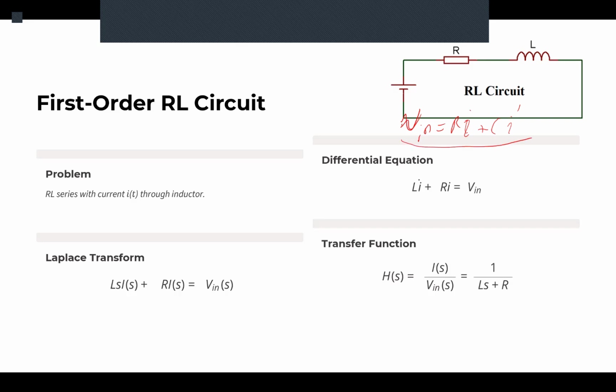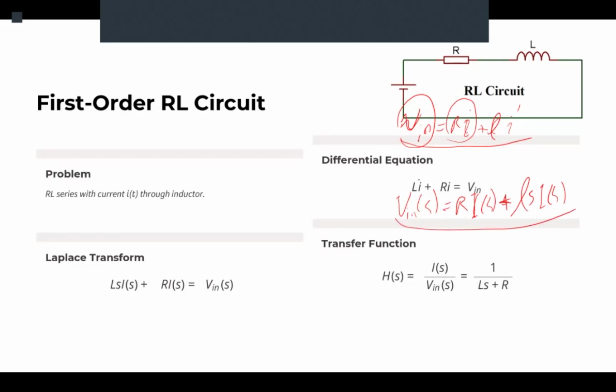So now you have your KVL equation, take a Laplace. This one simply becomes V in of S. This one, using the linearity property of the Laplace, becomes R times I of S. And this is a differential, so it becomes L S I of S. Again, we want to solve for I over V in.